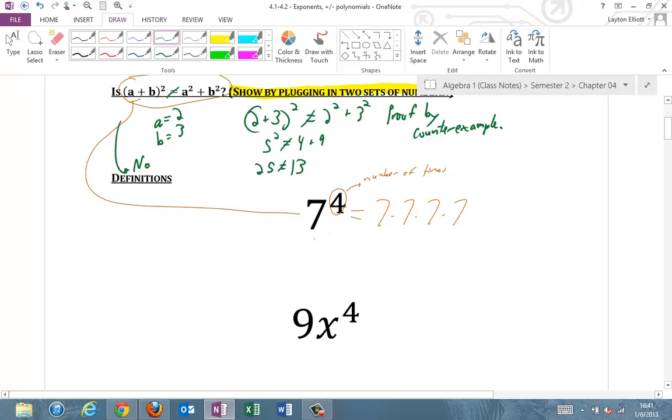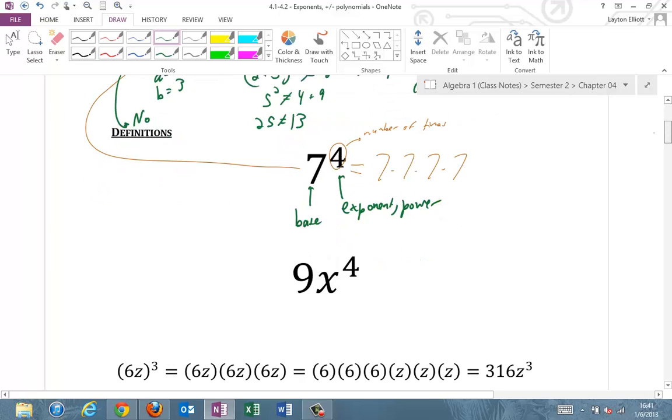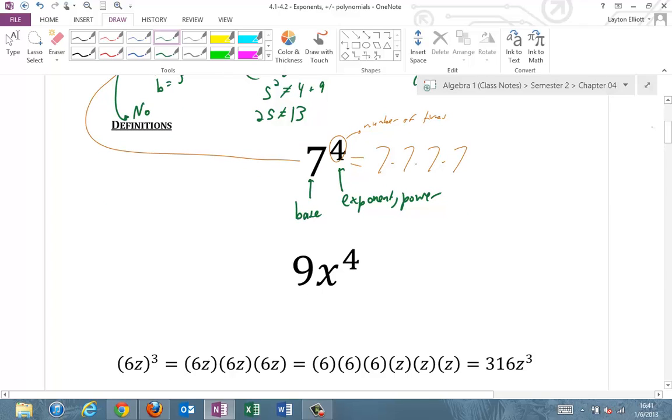Some definitions now. This here is called the base, and this is called the exponent, or the power. We use both words. We probably use the word exponent more. And then if I go down here, our order of operations says that this happens first, where x is the base, and 4 is the exponent, or the power.